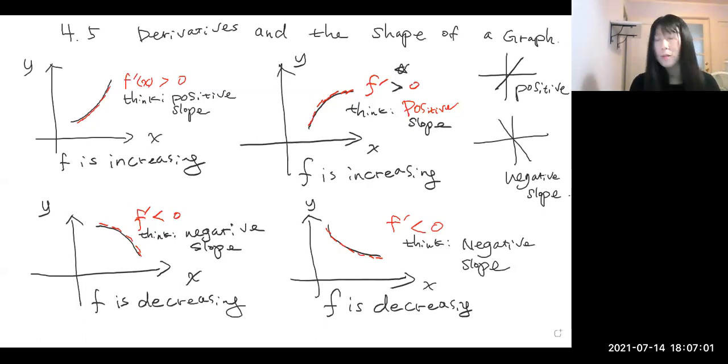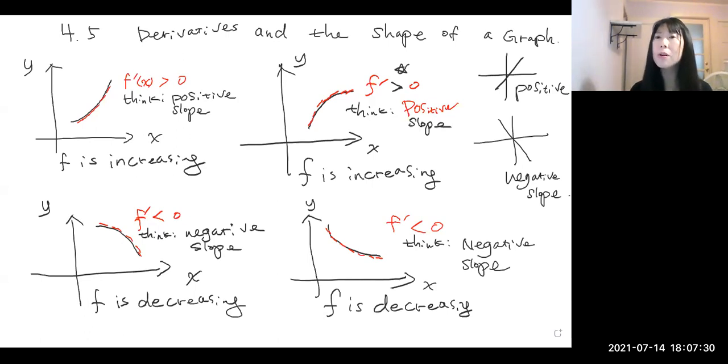Okay, so we understand this graphically, right? If the derivative of the function, f prime, is greater than 0, then the function f is increasing.